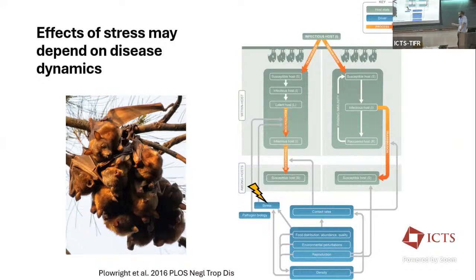There are all of these extrinsic factors that can contribute to this transmission process, right? So contact rates are a really important thing. So how frequently or how often or how intensely an individual has contact with other individuals in the population, right?